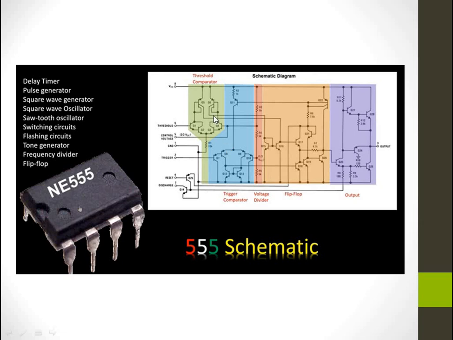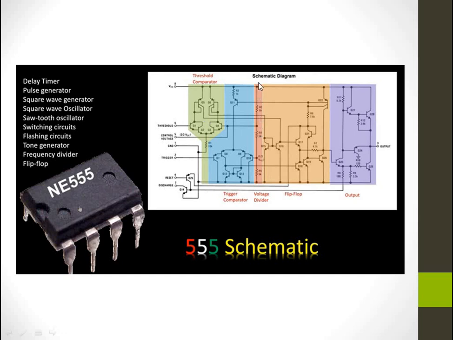The first one is the threshold comparator, the second one is the trigger comparator, the third block is the voltage divider, the fourth block is the flip-flop, and the fifth block is the output part. The first two circuit diagrams are mainly the comparator parts, an op-amp comparator.